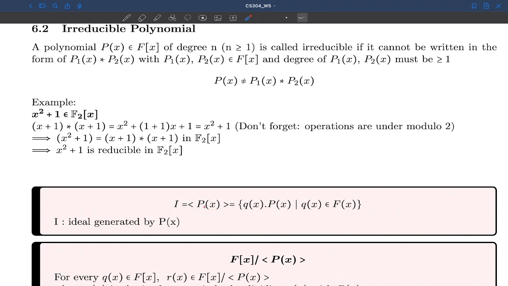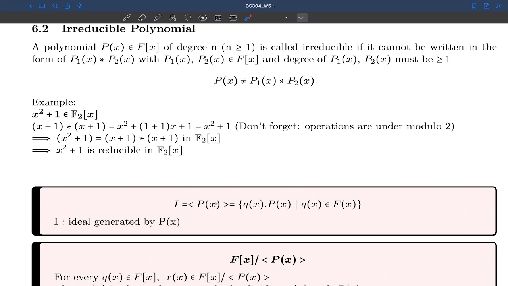And what I am doing after that, I am varying this q(x) polynomial. First I'll take one polynomial from F[x], I'll multiply with p(x), I'll get some polynomial. Then I'll take another polynomial from F[x], and I'll keep on multiplying with p(x).